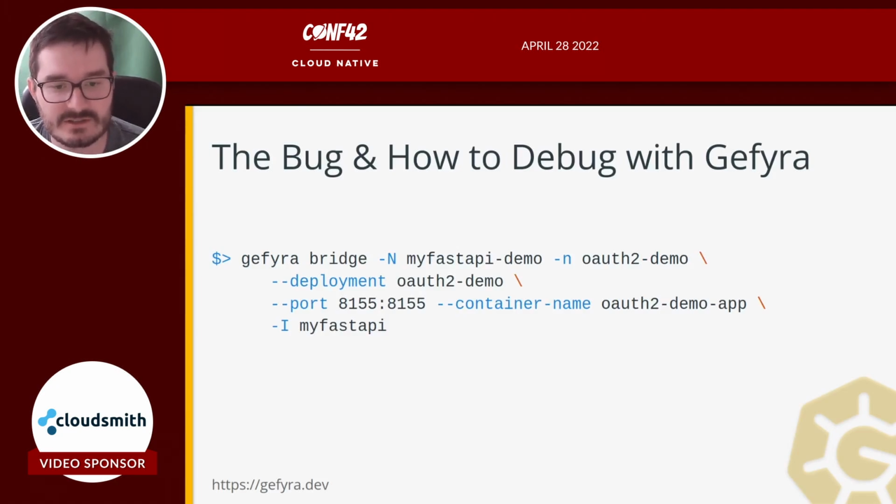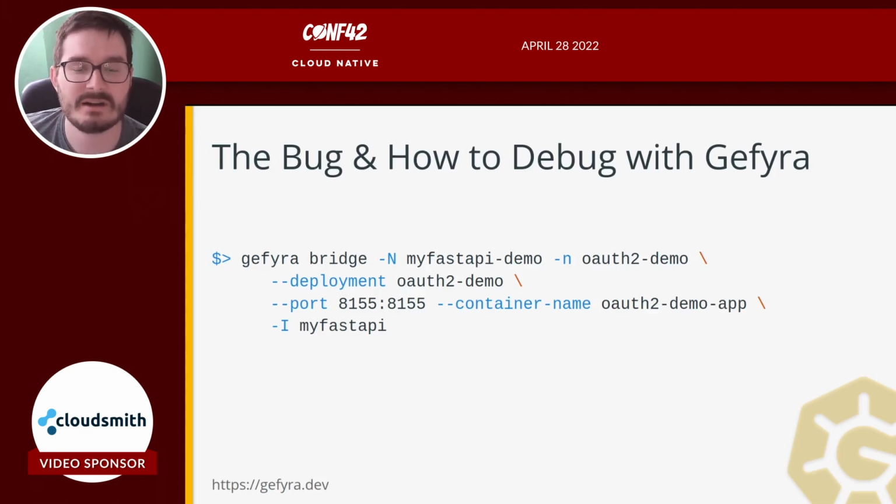It's a bridge, and on the one end of the bridge, I target my FastAPI demo, the local container instance that I just created. And on the other end, there will be everything scheduled by the Kubernetes deployment OAuth2 demo. So this deployment is placed in the namespace OAuth2 demo.